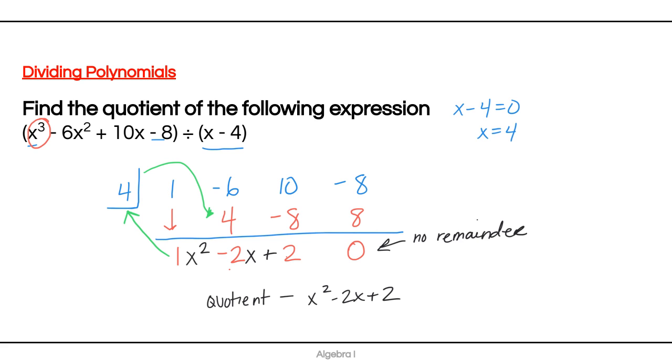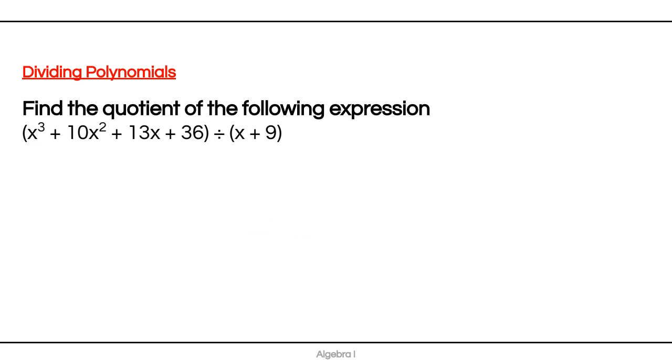Well, let's try the next one. So here, again, we're going to start off with x plus 9, and we're going to make that equal to 0. So that means that x is equal to negative 9.